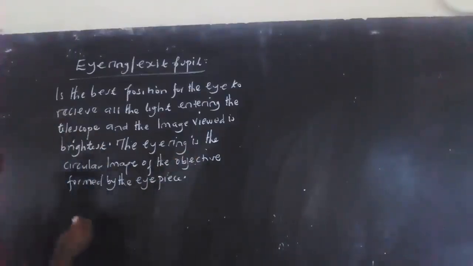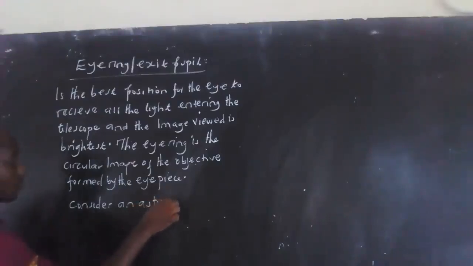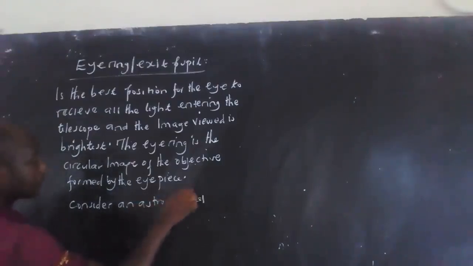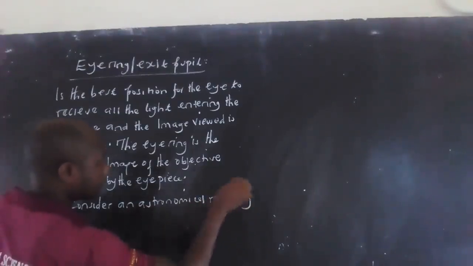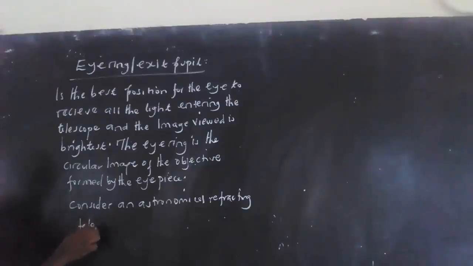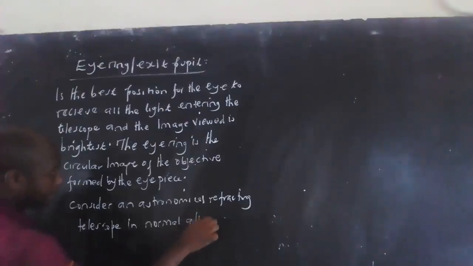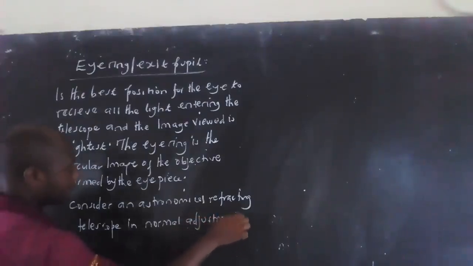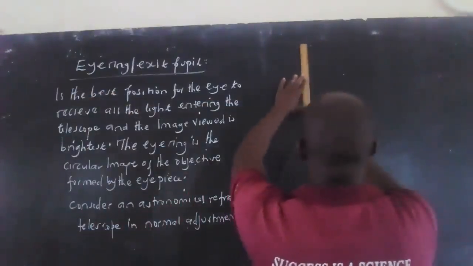Then we say, consider an astronomical refracting telescope in normal adjustment.